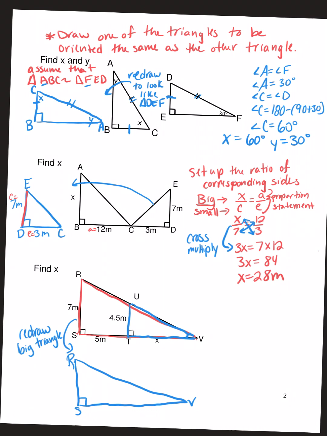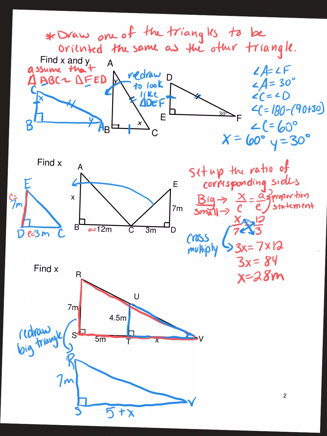We know that this side over here is 7 meters. And we know this side across the bottom, which would be the full length up here, is going to be represented by 5 plus x. Okay, because the side length up here is 5 meters from S to T. But if we're going the full length, right, we have to go all the way to V, then we have 5 plus that x.